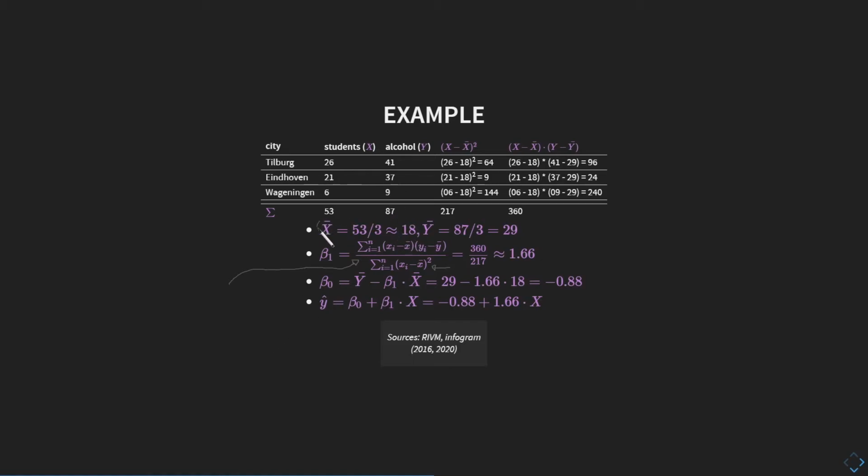So we have the mean right here for our data. Note that I rounded this, so it's not exactly 18. There's the mean for our target right there. So this is just the sum over all our data points, divided by the number of data points, right? That's the mean right there.